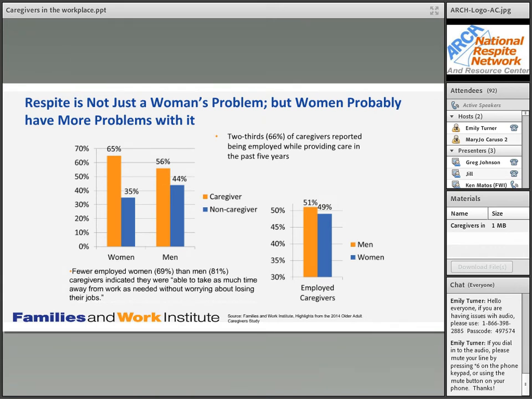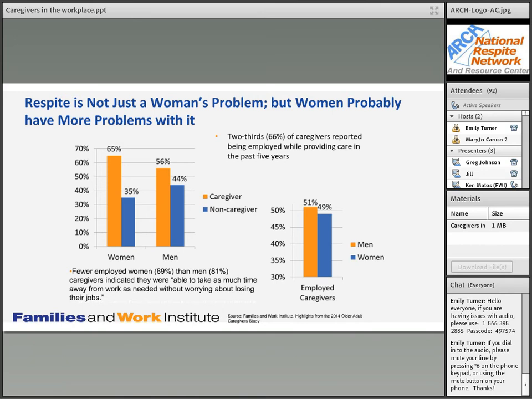And in the note on the lower left-hand corner, we found one thing that was somewhat disheartening, was that fewer employed women than employed men indicated that they were able to take as much time away from work as they needed without worrying about losing their jobs.